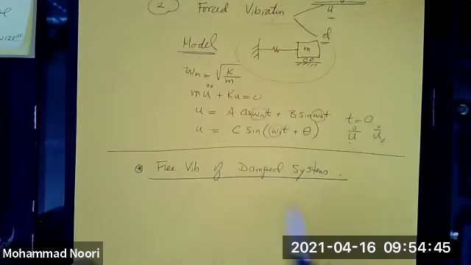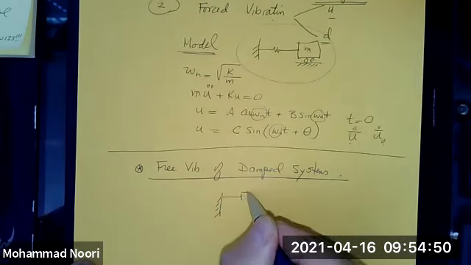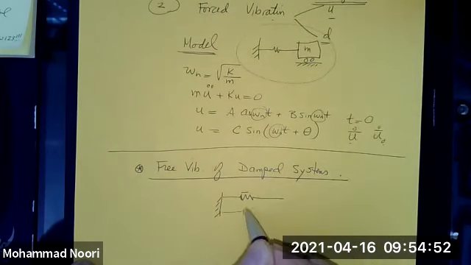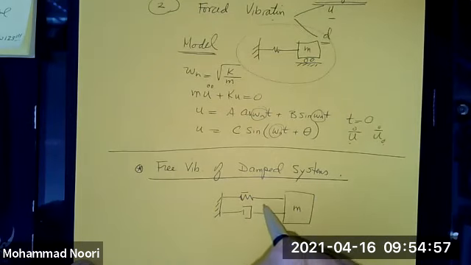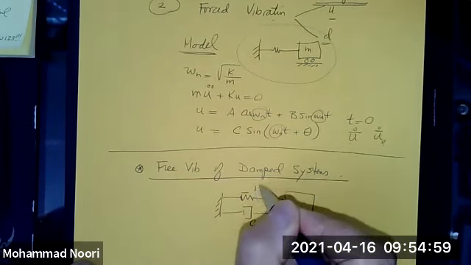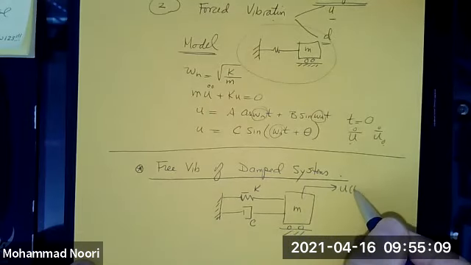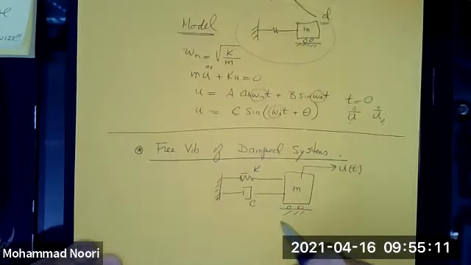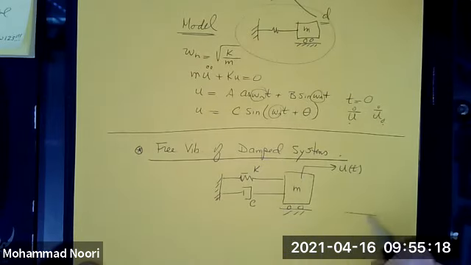So what do we have here? If you remember the model that we set up for the general vibratory system or any structure, it looked like this, consisting of these three components. And we used, of course, the second law of mechanics to set up the equation of motion, right?